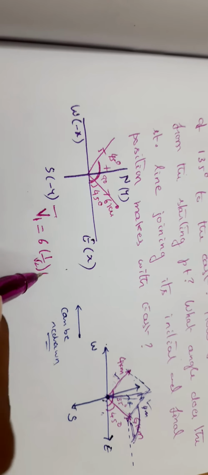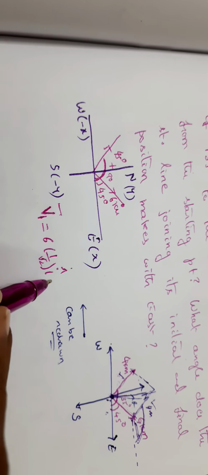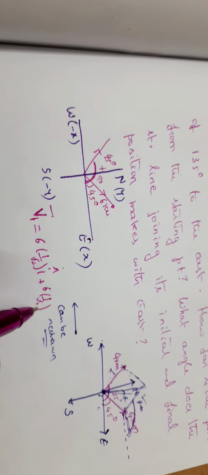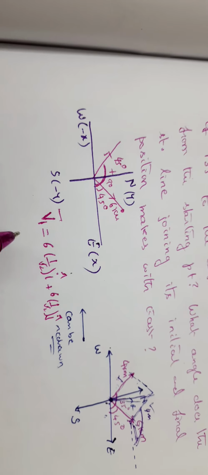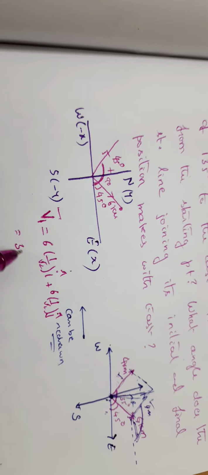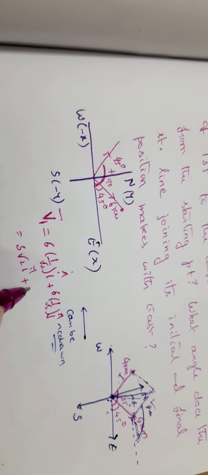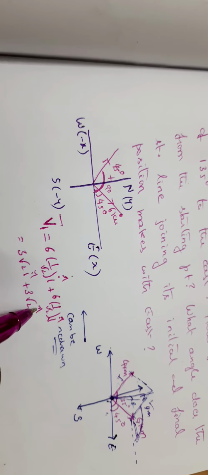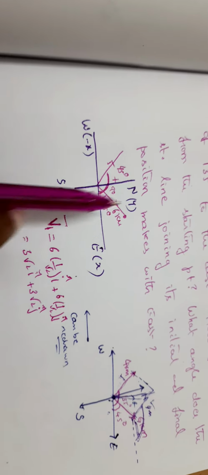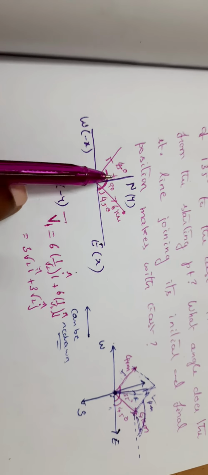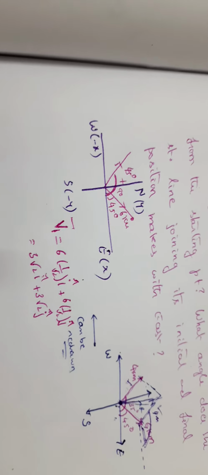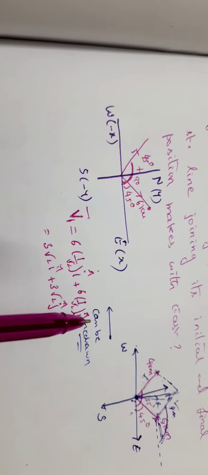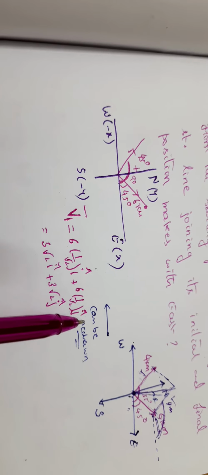This is along i, so I'll write it as i cap, plus 6 times 1 by root 2 along the y axis, so j cap. So 3 root 2 i cap plus 3 root 2 j cap. Are you all able to follow this? Yes, I am resolving this in the xy coordinate plane, taking this as position vector form, x i cap plus y j cap.